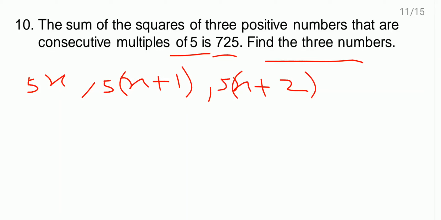Now what are they saying? The sum of the squares of three positive numbers that are consecutive multiples of 5. So here I have to make the square of them.